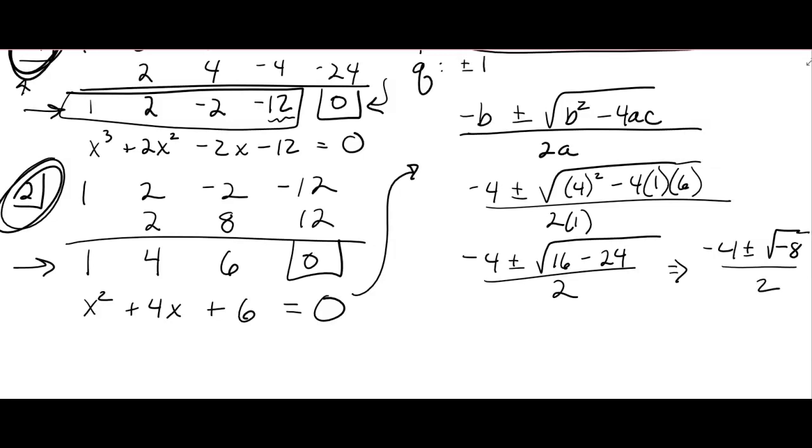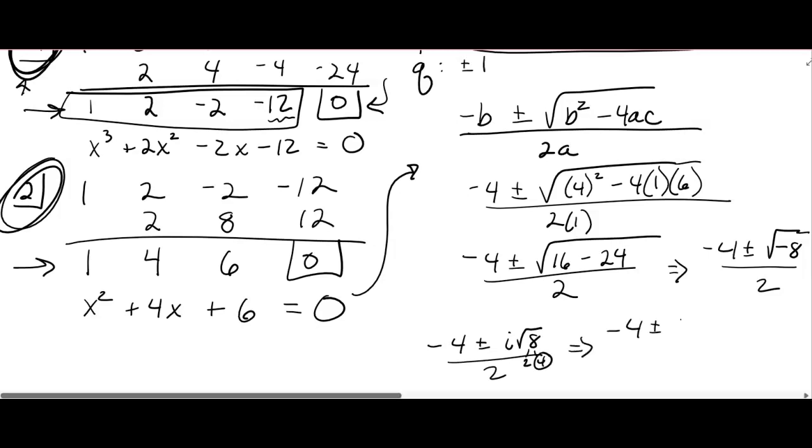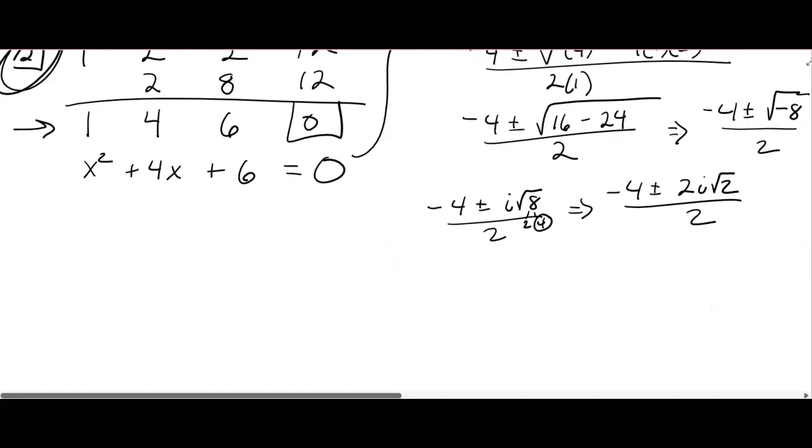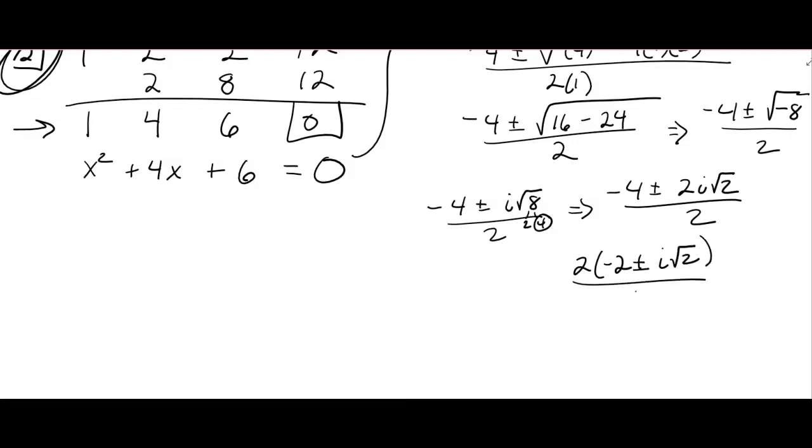Now I've got a negative radical, so that's going to mean there's an i times the square root of 8, but 8 breaks down into 2 times 4, so that's going to be negative 4 plus or minus 2i square root 2, over 2. Oh my gosh, we're almost done. And then that simplifies because you're going to take out a 2, and those 2's are going to cancel.